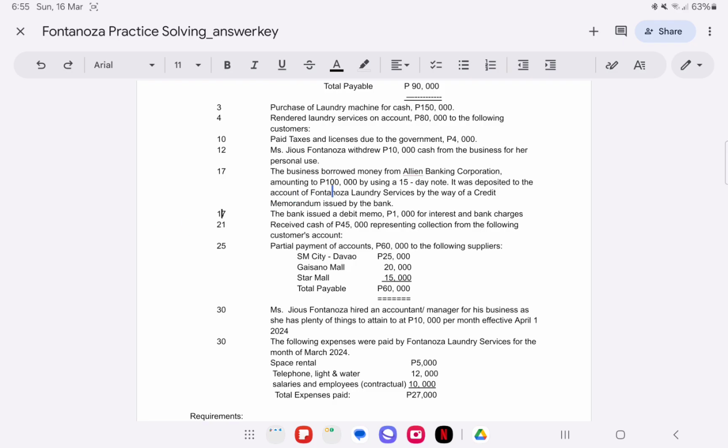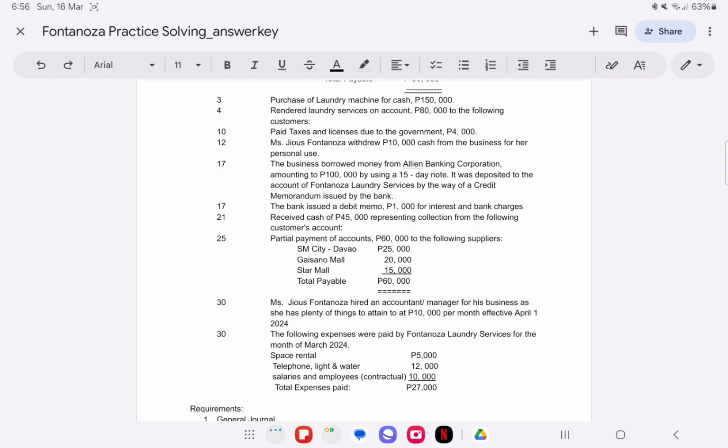And you're going to pay 1,000 pesos. Do you think that's cash or accounts payable? So that's paid in cash. You're going to debit interest expense and credit cash in bank.